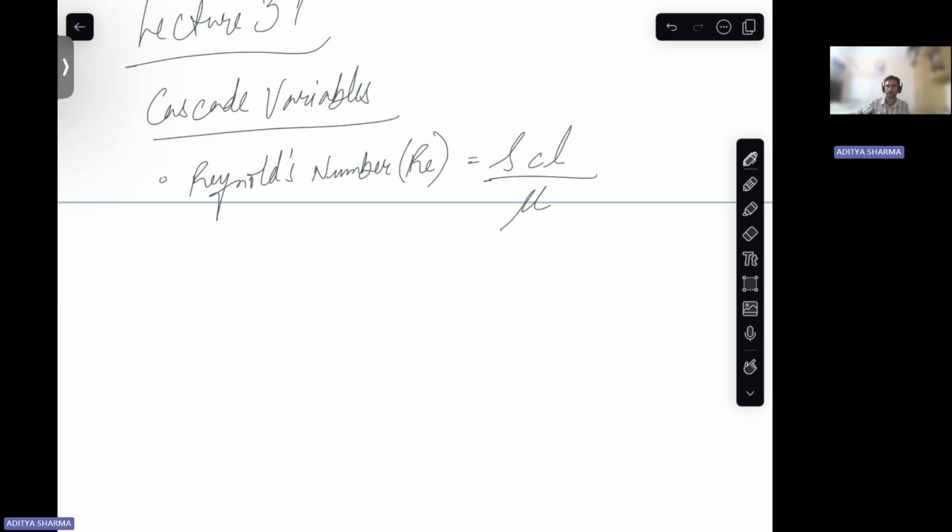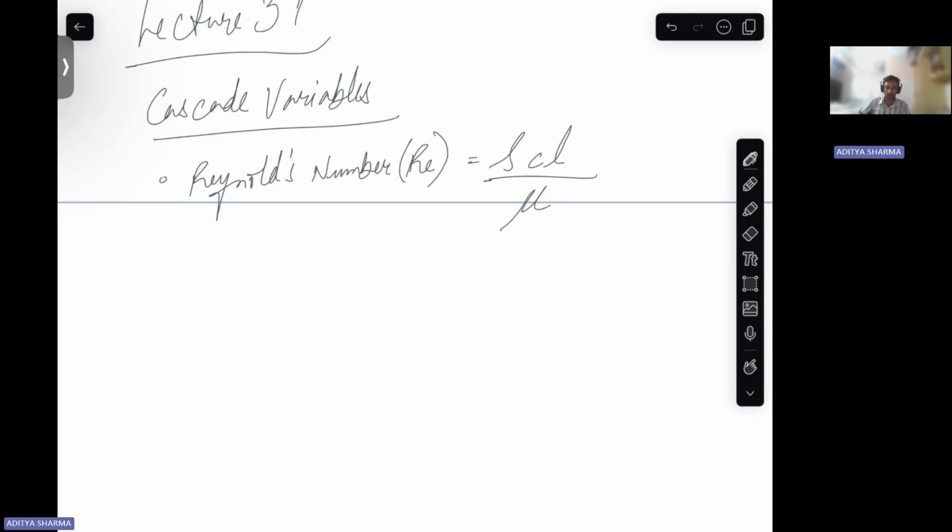Rho is for density, C is for velocity of the flow. L is the length scale. In case of our blades, it will be the chord of the aerofoil of the cross section of the blades.